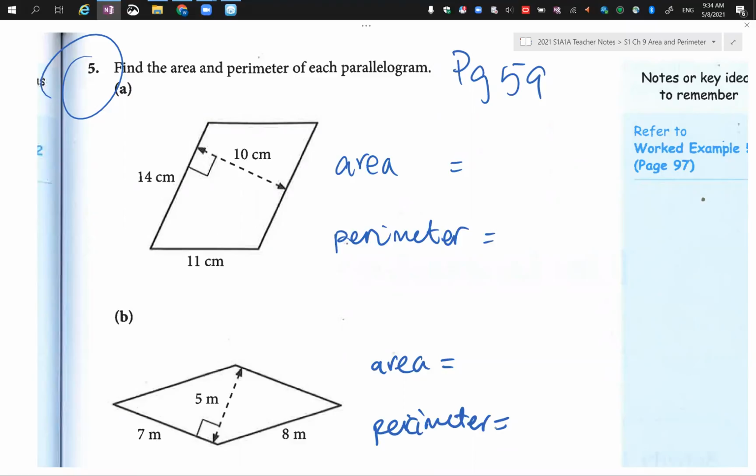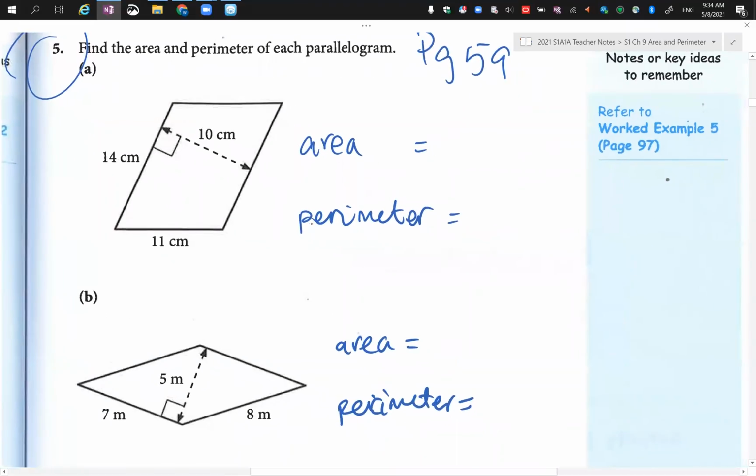The base is the one that makes a 90-degree with the height. Anybody needs more time?